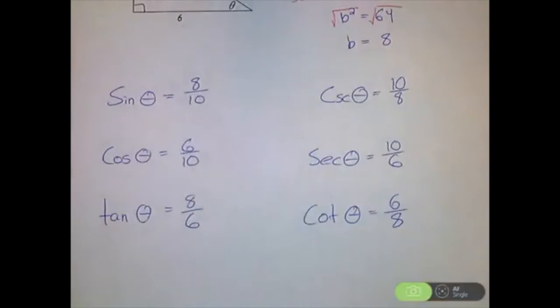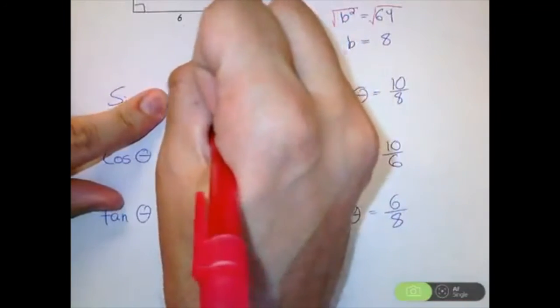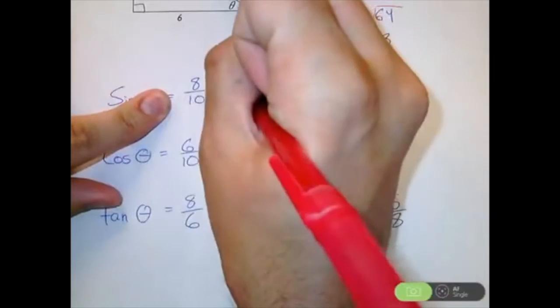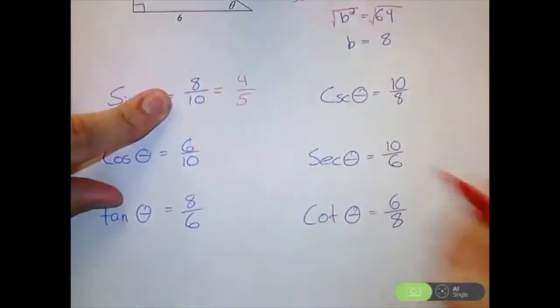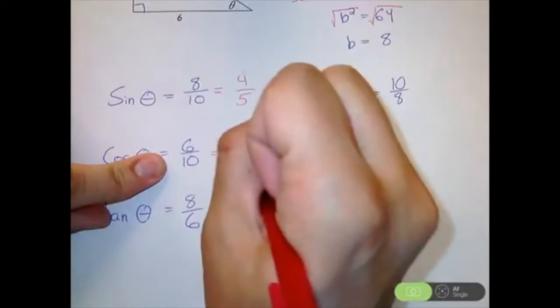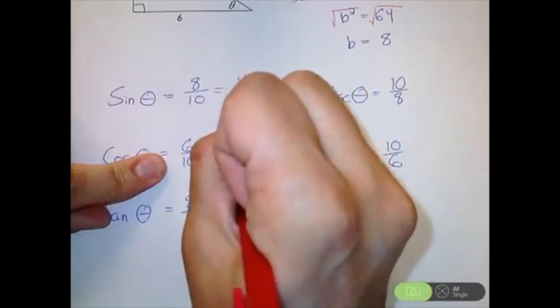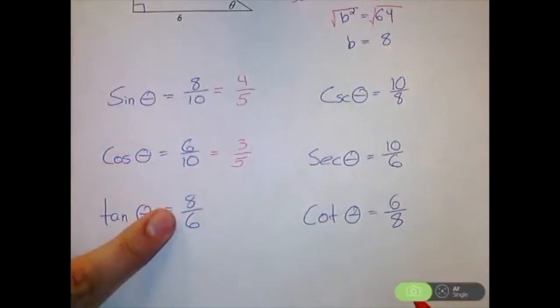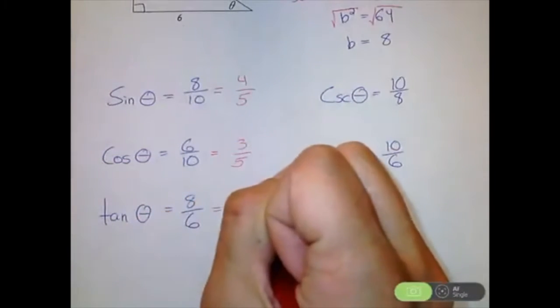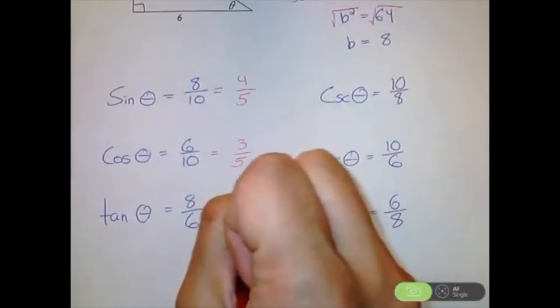Once I have all 6 trigonometric functions filled in, that's when we're going to start trying to simplify these fractions, see if we can reduce. And what we're going to see in this example is all of them can reduce. 8 over 10 is going to reduce to 4/5. 6 over 10 is going to reduce to 3/5. Tangent, we have 8 over 6, that's going to reduce to 4/3.